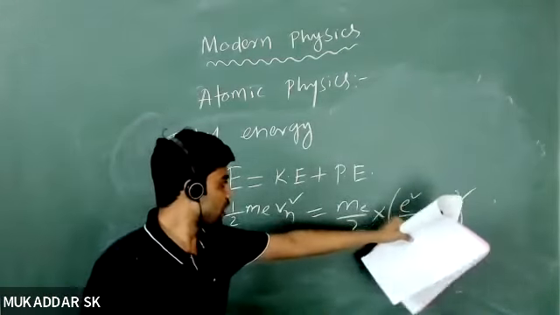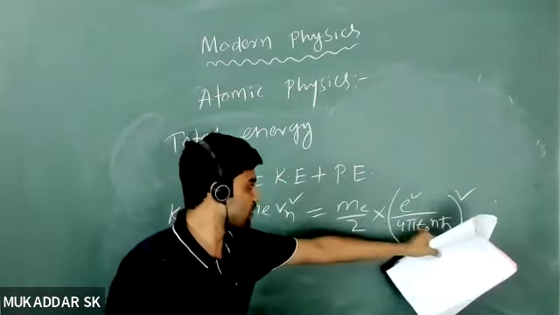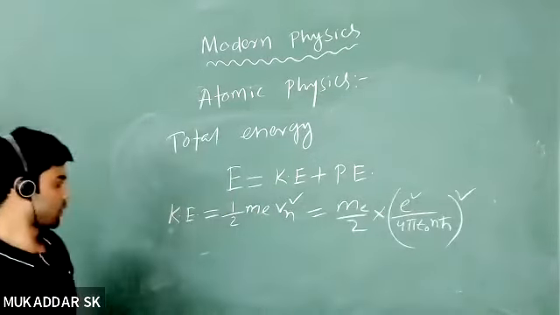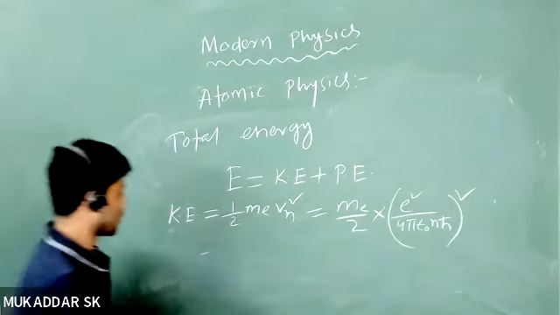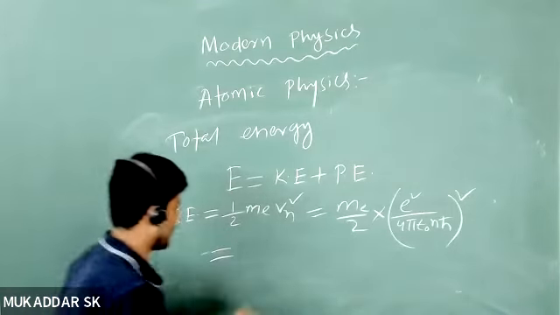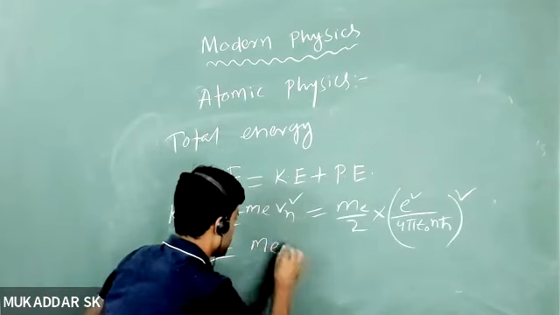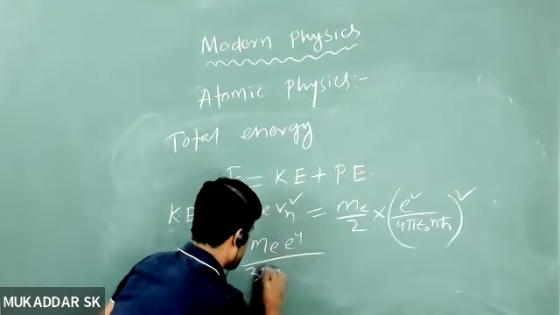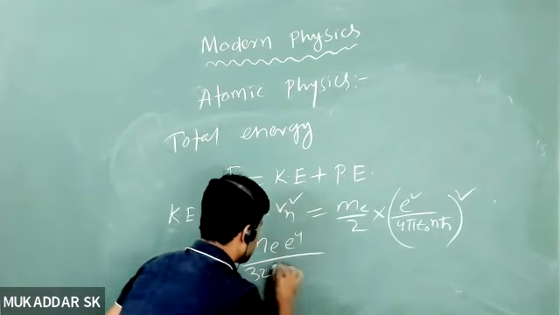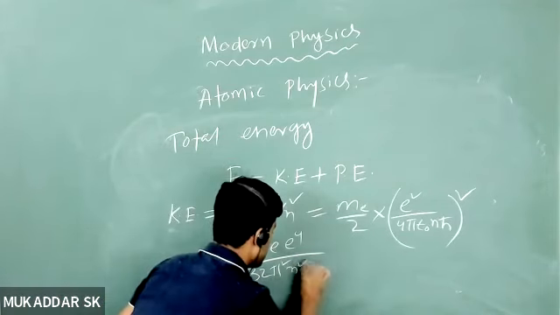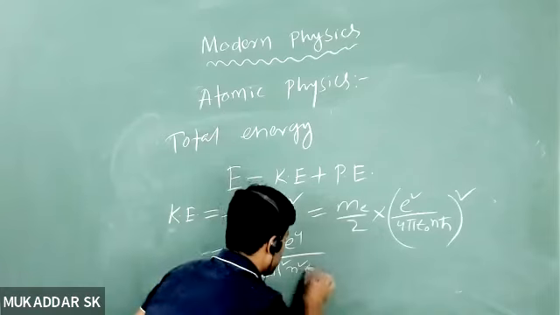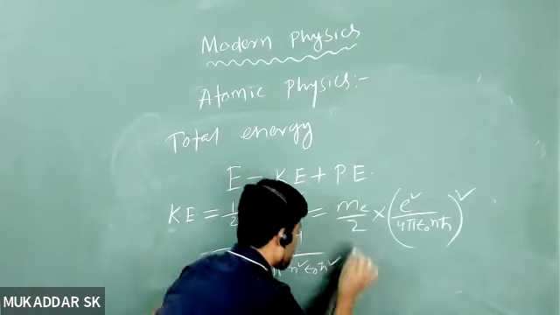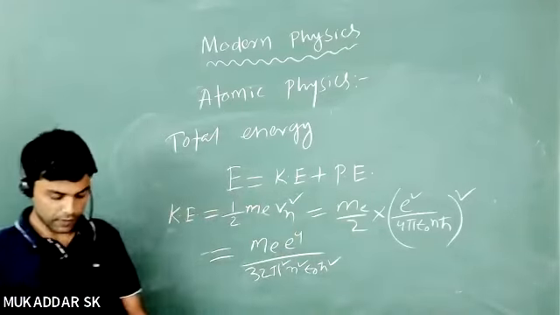So it will be e square by 4 pi epsilon naught n h cut square. If you solve it, you will get me e to the power 4 divided by 32 pi square n square epsilon naught square h cut square. Is everyone getting this? Can you please check?